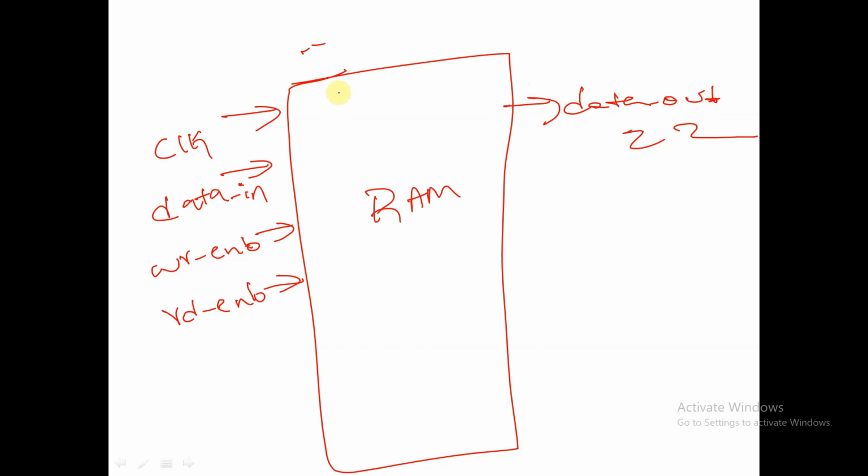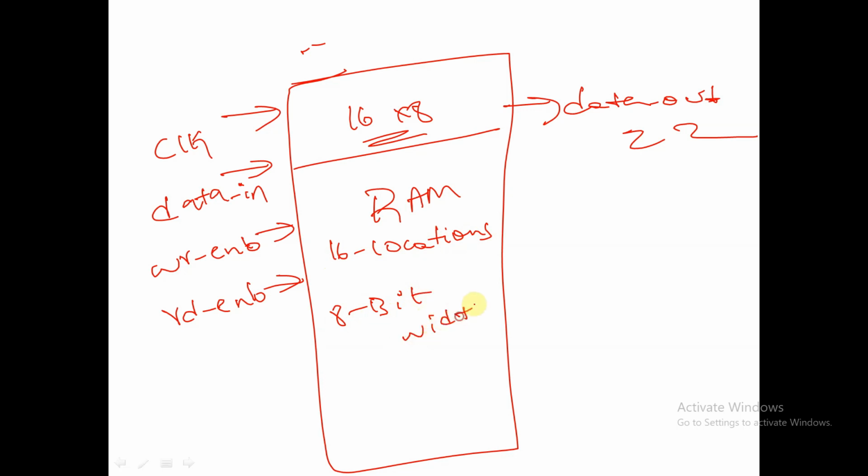Consider this as a 16 cross 8 RAM, meaning 16 locations. Each location is of 8-bit width.